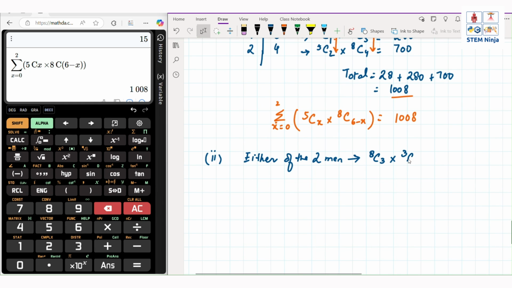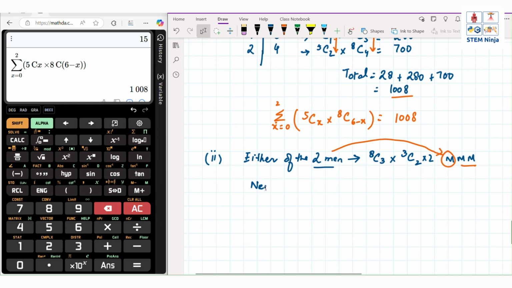So 3C2, because for men, let's say this guy is one of those people who is refusing to work with the other one. So these 2 will come from the 3 which are neutral party. And times by 2, because obviously we will have 2 cases for 2 different men.